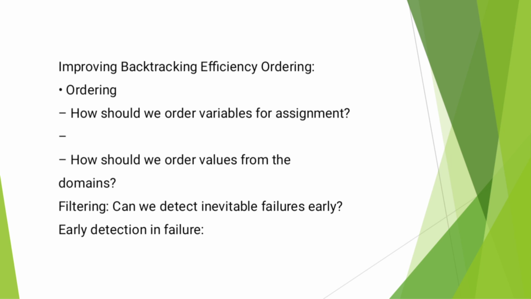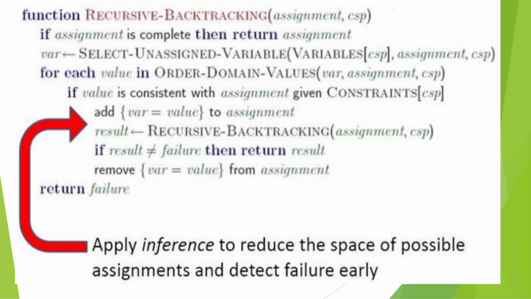This is another example, an early version of the backtracking algorithm. It is a recursive algorithm, defined by itself. That is function recursive backtracking of assignment. If assignment is complete, then return the assignment. Select unassigned variable in the CSP.